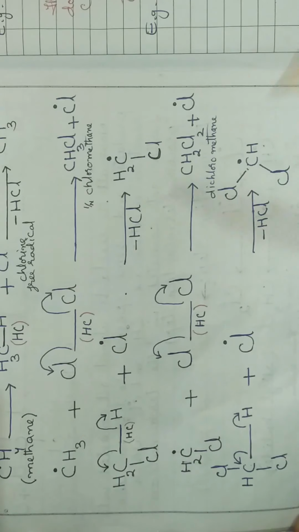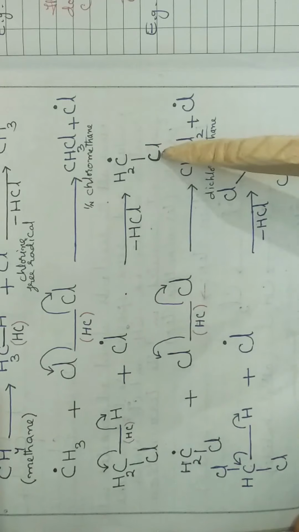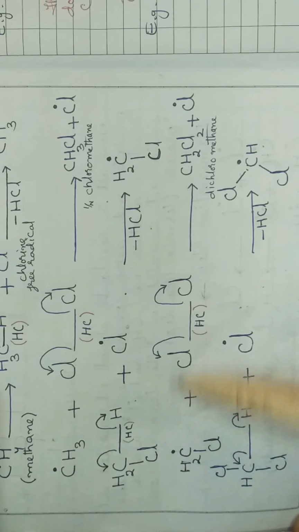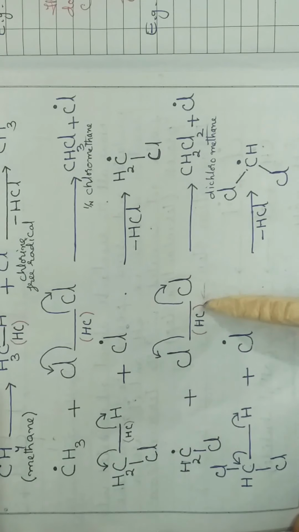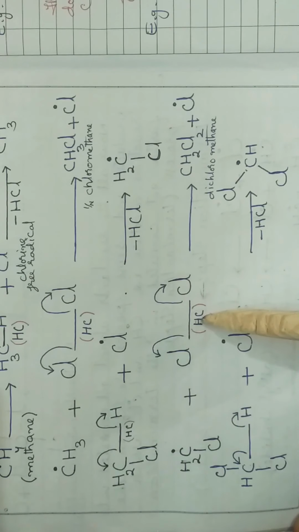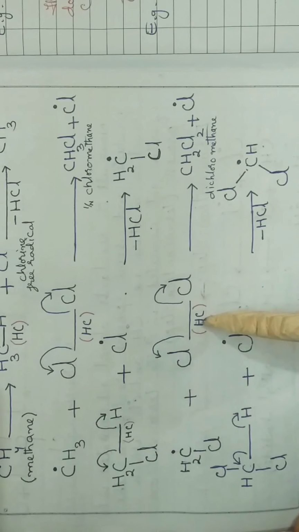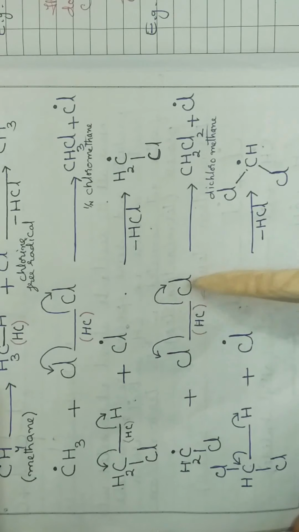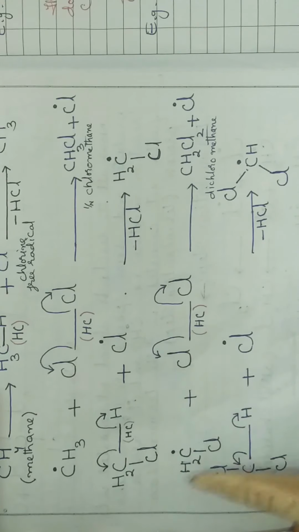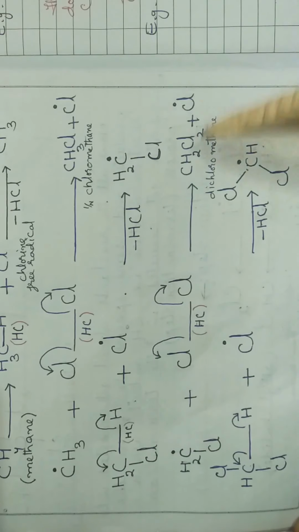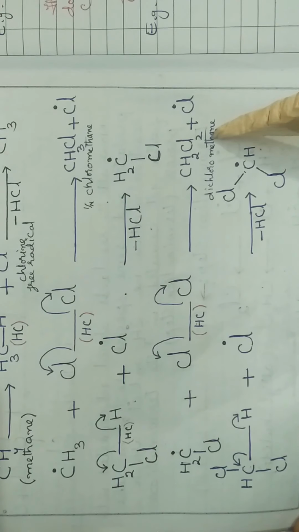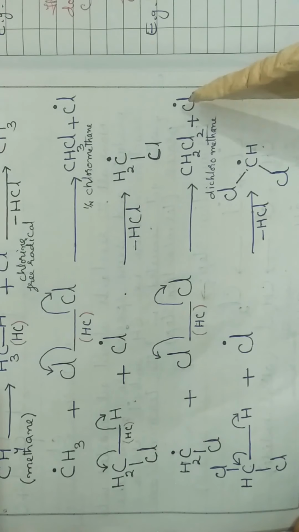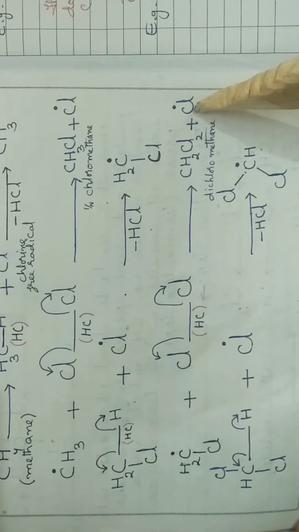Dear students, very easy to understand. Now this CH2Cl free radical combines with a fresh unit of chlorine. Two free radicals are again produced by homolytic cleavage, two chlorine radicals. One of the chlorine radicals combines with the CH2Cl radical and gives CH2Cl2, that is dichloromethane, plus one chlorine free radical.